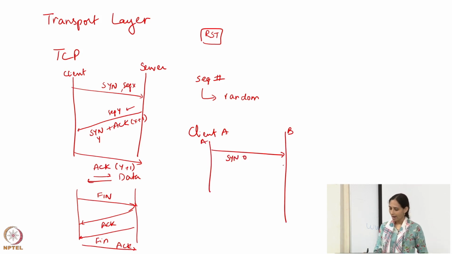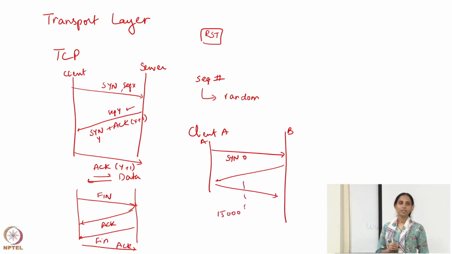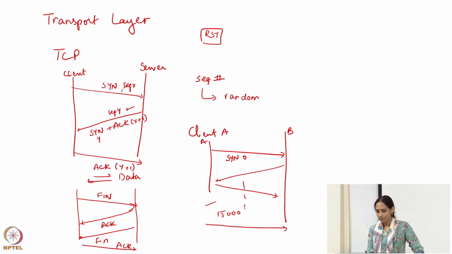And something has happened and you have gone until sequence number, let us say, 15,000. Then you close this connection, and A again establishes another connection with B immediately after, and again it started with 0, quickly ramped up, and went all the way till 15,000 again.